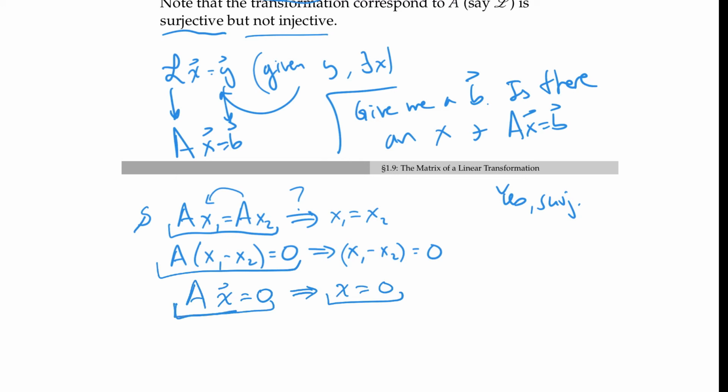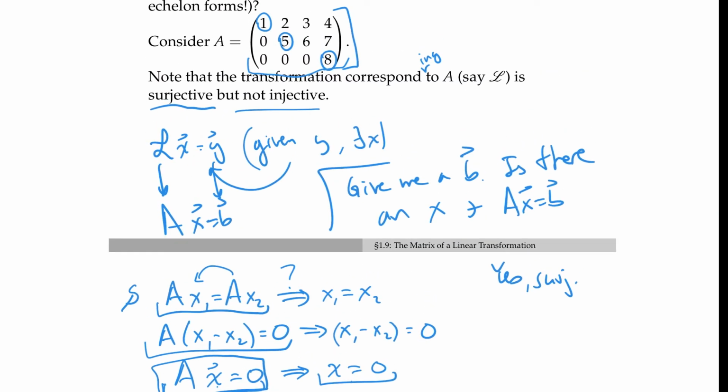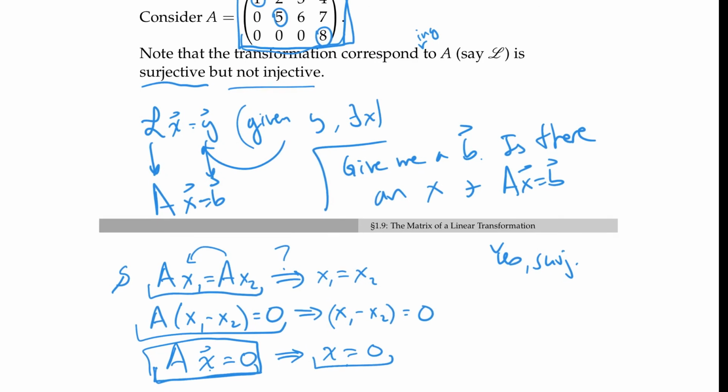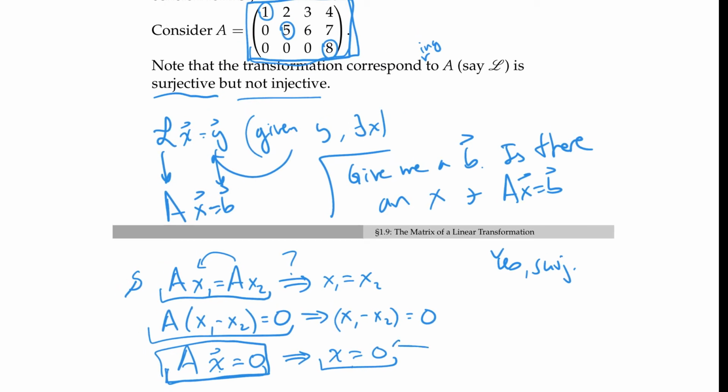If my only solution to the homogeneous equation is the trivial solution, then my function is injective. This is huge. So what I'm really saying here is all I have to do is look at it in terms of injectivity, or solutions to this.